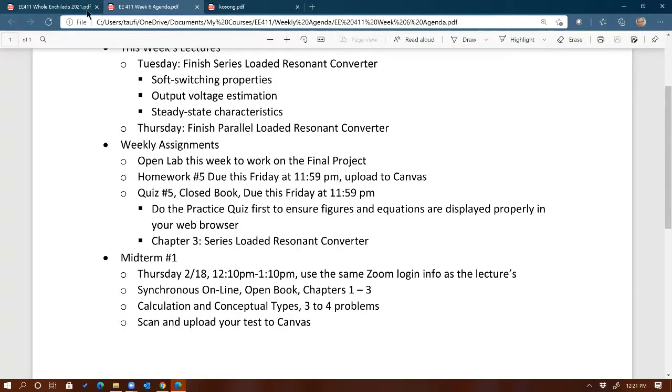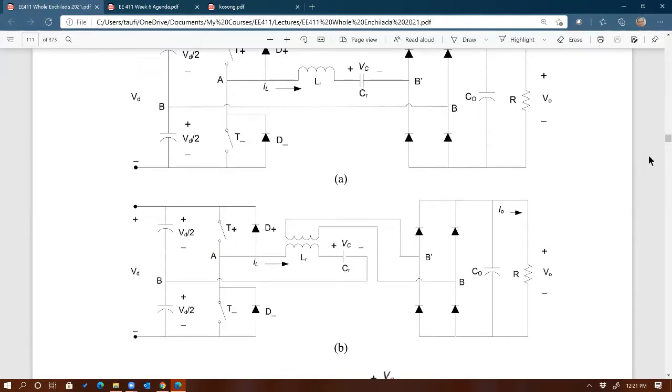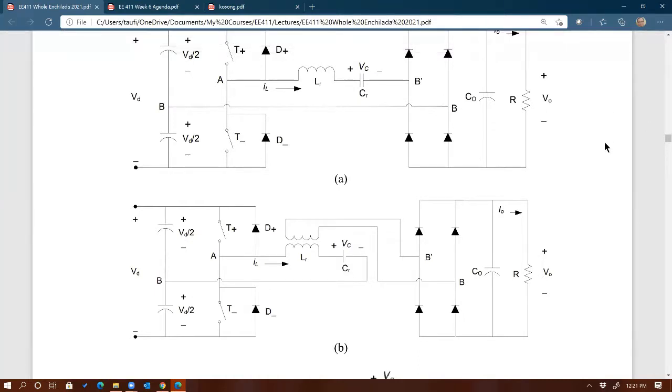No? All right. Let's continue our discussion on the series loaded resonant converter. I don't think I mentioned this last time. I actually helped design this topology one time for a company back in 1997. It was a medical equipment company.